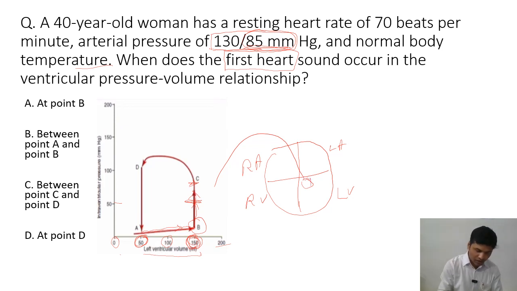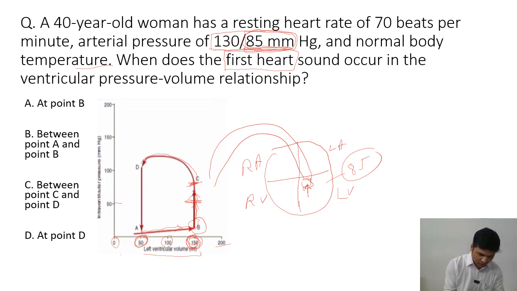This aortic valve will only open when pressure increases. So the ventricle will start contracting, isovolumetric contraction, and when pressure here increases more than 85, as diastolic pressure is 85 millimeter, then this valve will open and blood will come out from the ventricle to the aorta.